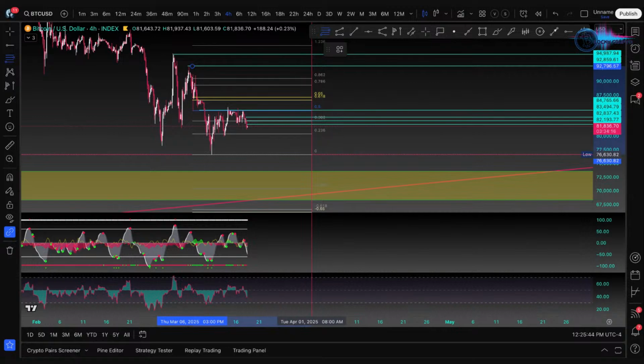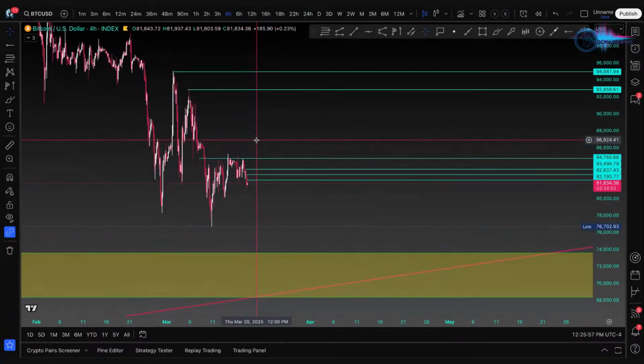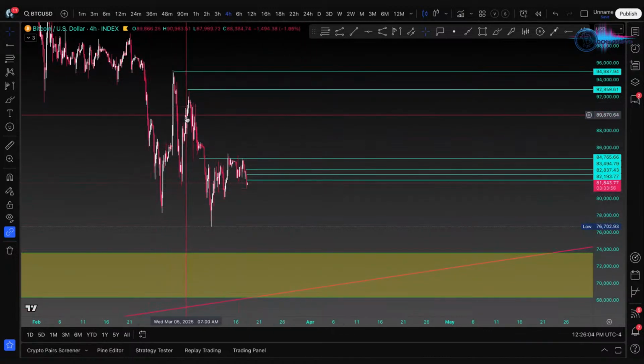Okay, yeah, we came up, hit the 0.5, and we're just chilling between the 0.5 and the 0.236, kind of crossing over the 0.382. Trash. Like I said, I still think this is in play down here. Obviously, we haven't stopped making lower lows.